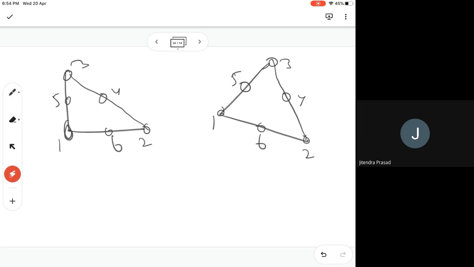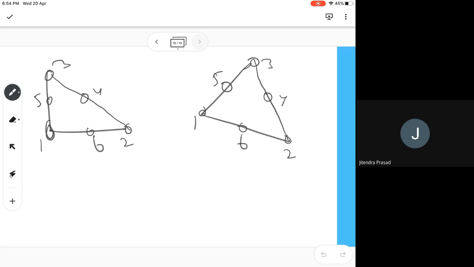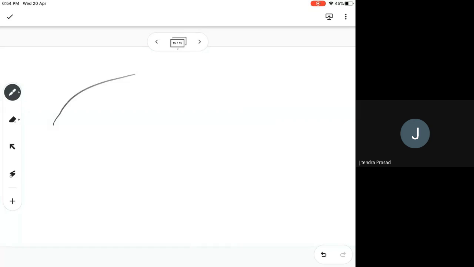As we said earlier, if you have the quadratic edge, the quadratic sides.